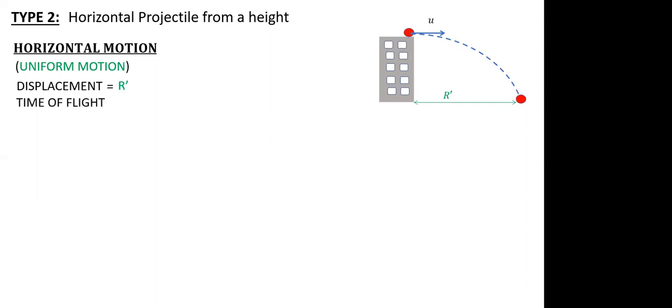Time of flight, from the start to the end, I am labeling as t dash, the time of flight for horizontal projectile. And velocity is u horizontally. So with horizontal uniform motion, I can directly get r dash is equal to u t dash. That is one relation you can get.